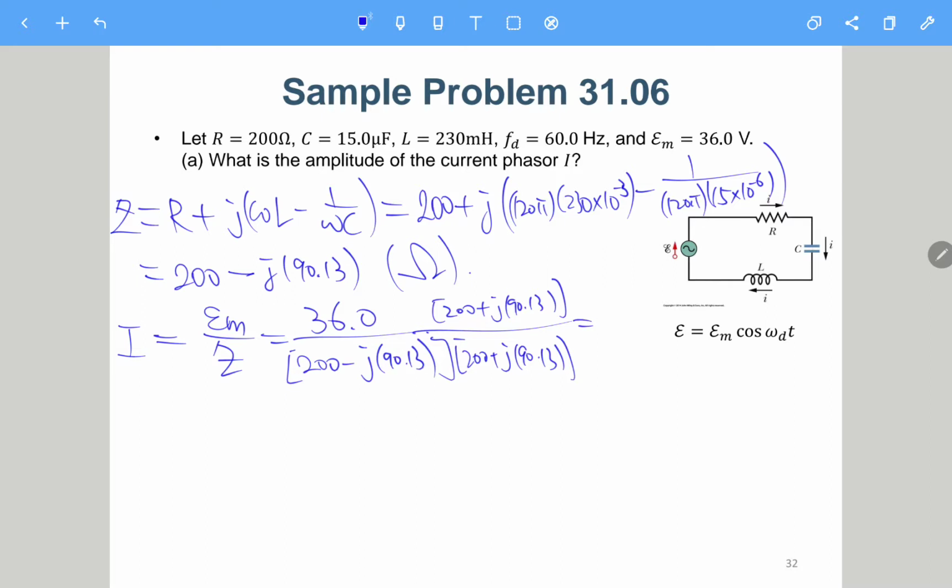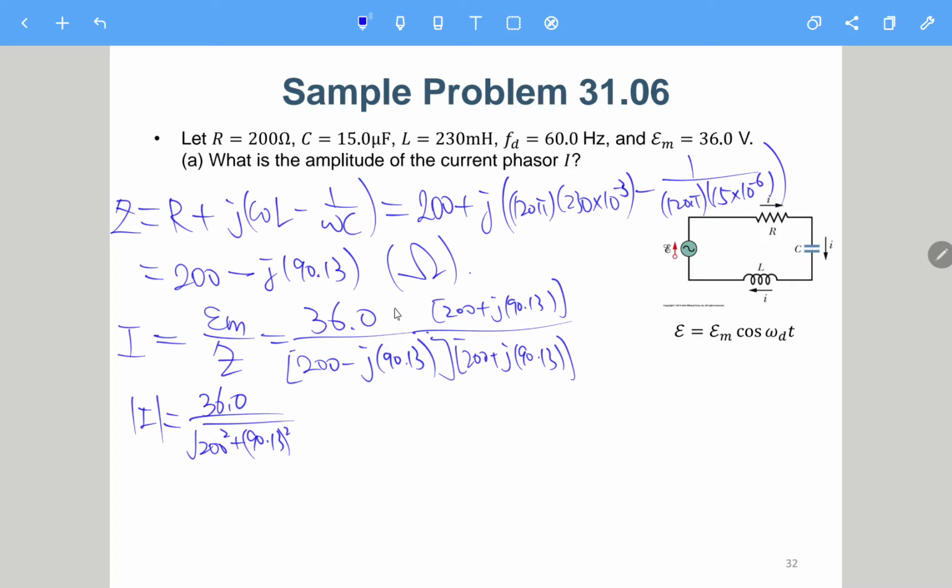Then you can find that actually you don't really need to. You can just calculate the absolute value of I, which will be 36.0 over the square root of 200 squared plus 90.13 squared. So in that case, you don't necessarily need to simplify this one, if you only need to find the amplitude.